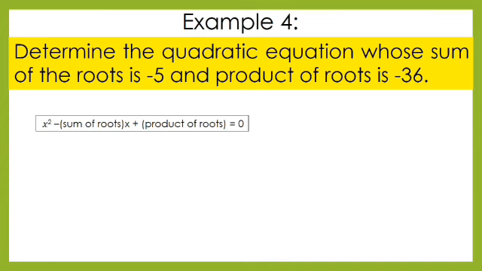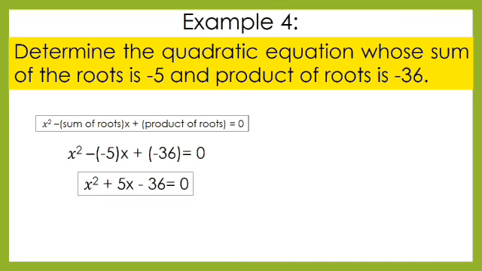We substitute the sum of roots and product of roots. We now have x squared minus sum of roots, which is negative 5, x plus product of roots, which is negative 36. Then we simplify.